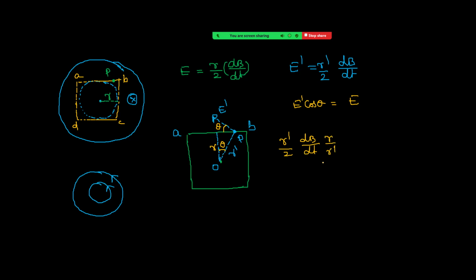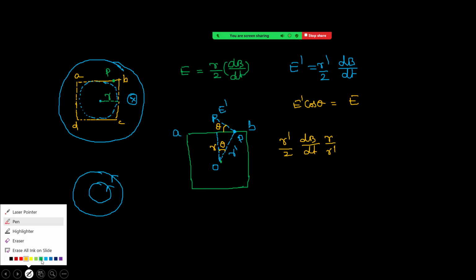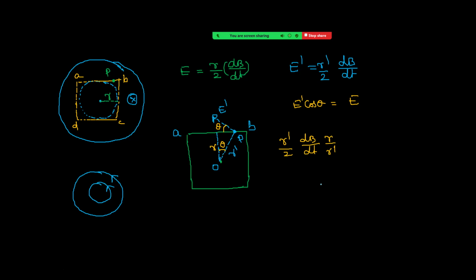Now see what happens here. We can cancel r dash and r dash. The remaining is r by 2 dB by dt, which is nothing but E. That is what we had to prove. So I hope you got the clarity.